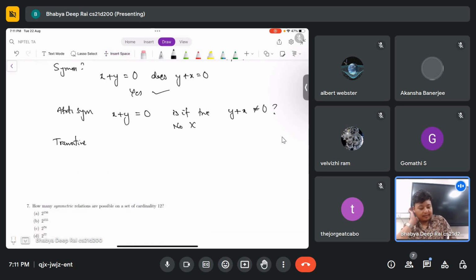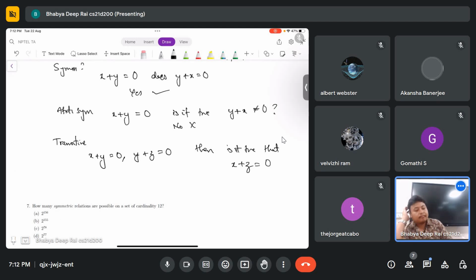So transitive: x plus y equals 0, y plus z equals 0, then is it true that x plus z equals 0? Let's see. x equals minus y, and y equals minus z. Now we want to check what x plus z is. x plus z is minus y plus z.